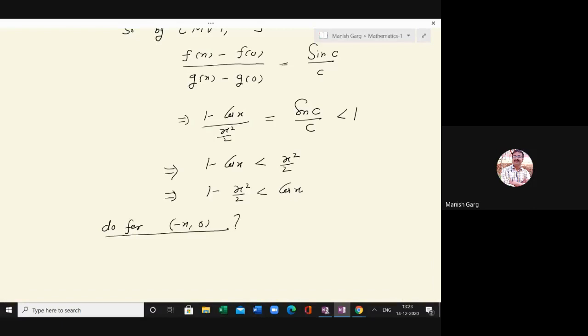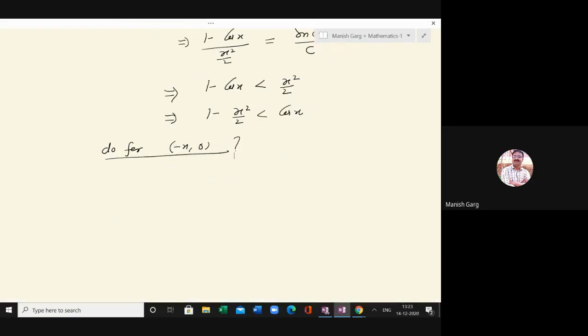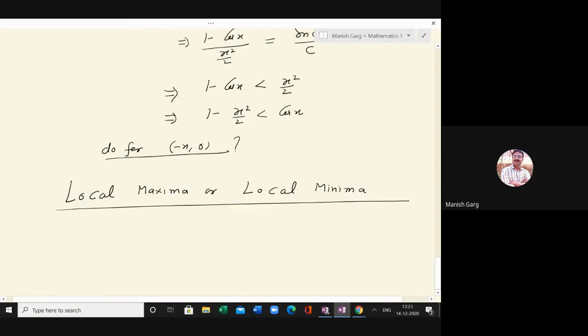Now come to the next point, that is the local maxima or local minimum. So all of you know the definition of this.